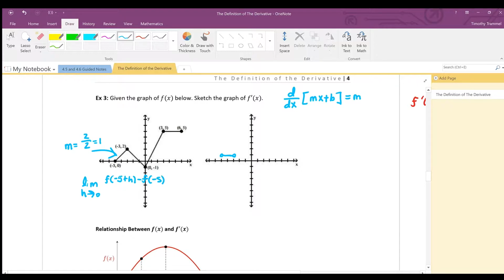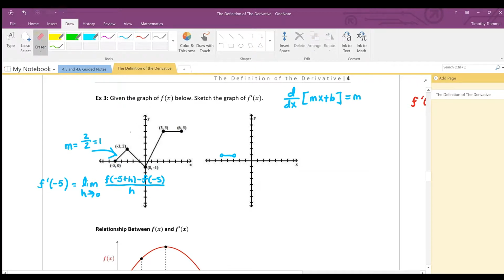So again, this limit is our derivative at -5. And this limit is not going to exist here at this endpoint because we can't approach from the left. Okay, there's nothing over here.